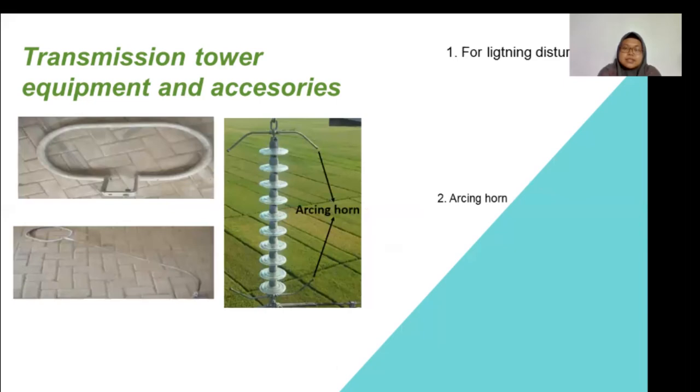Okay, next, the equipment for protection from lightning is earthing horn. This is an earthing horn. This function is to cut the impulse voltage passively.